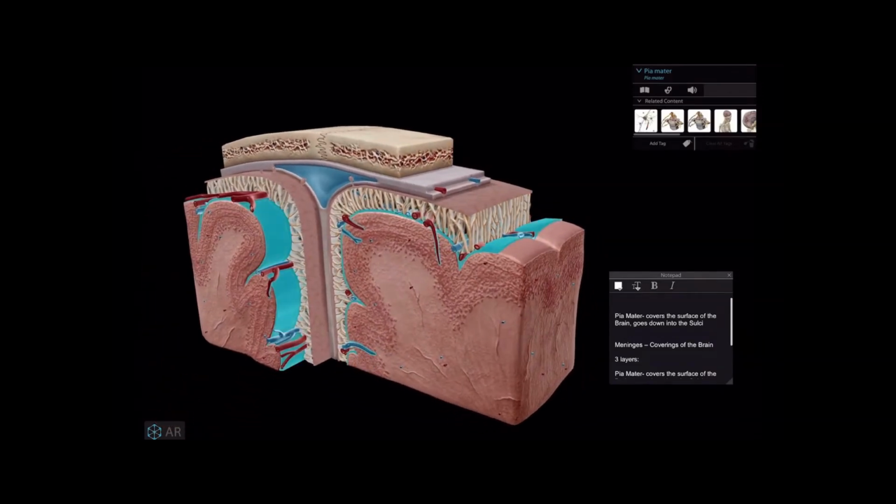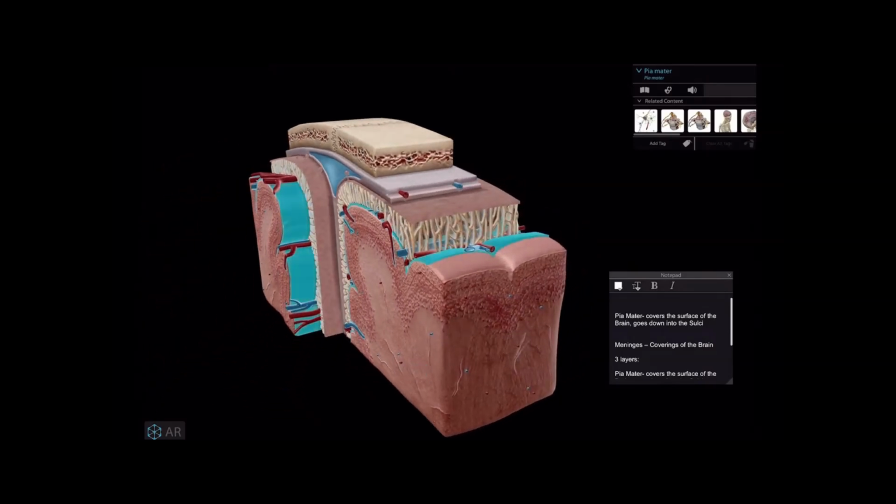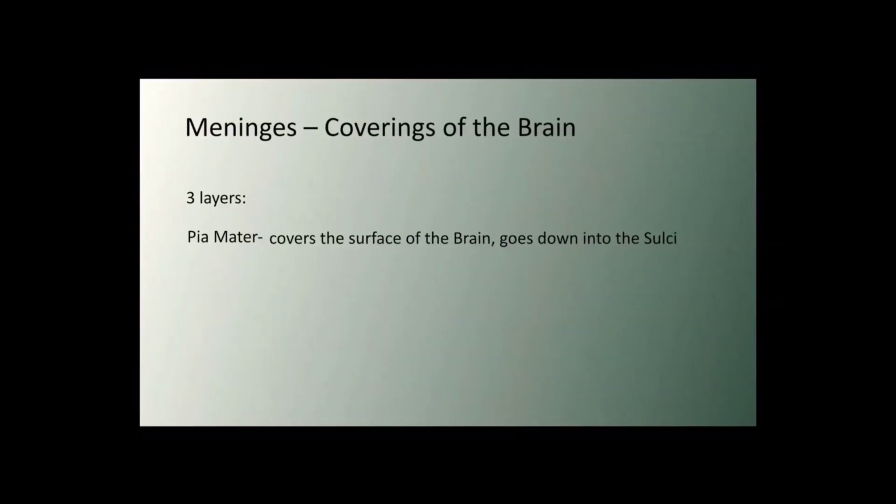This is a sagittal view. You can see the pia mater. The spider web-like middle layer. What do we call the spider web-like middle layer? That's right, arachnoid membrane. Let's take a look at that.